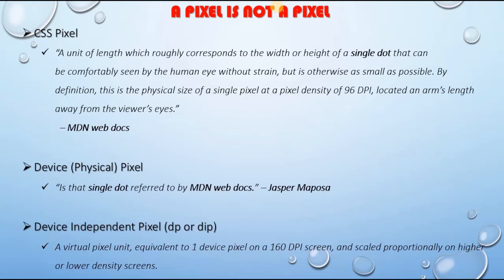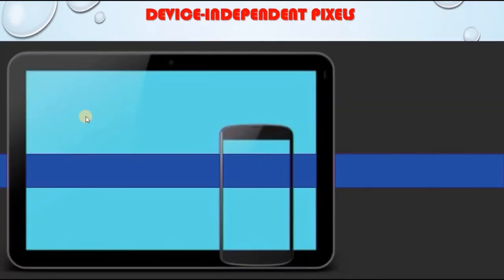So let me explain a bit further on this, and why do we care about wanting to know that, and what's the good thing of this DP or DIP. Right, let's look more into this device independent pixels thing.